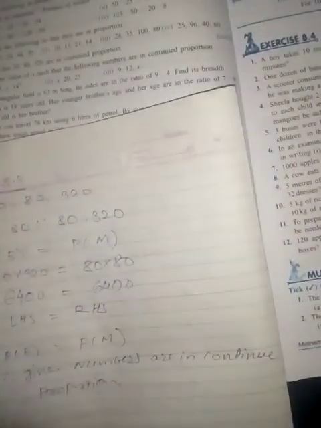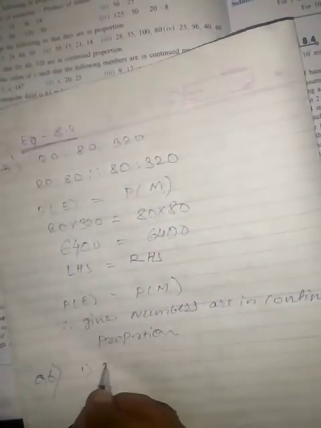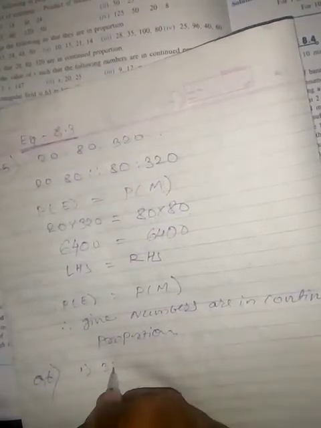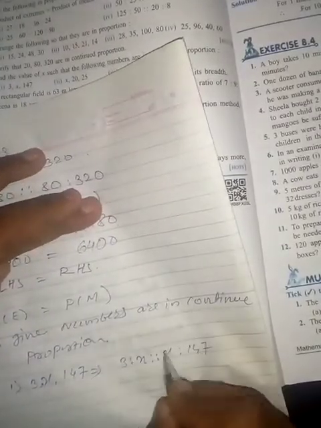Now question number 6 is what? We have to find out the value of x. So see, first question is 3, x and 147. So what to write for that? 3 is to x in proportion with x is to 147, and find the value of x.